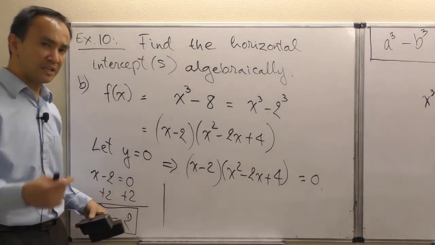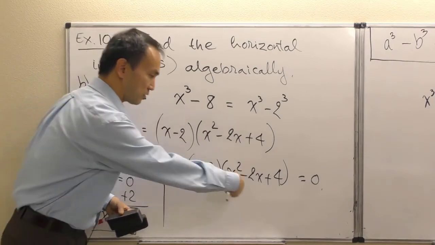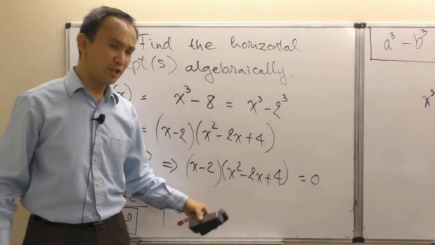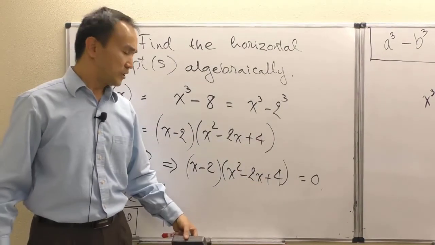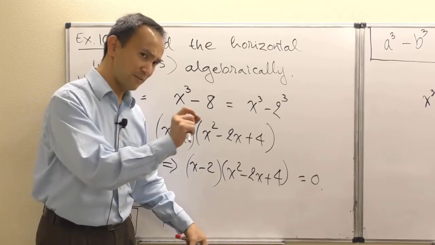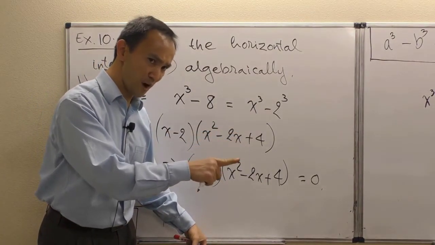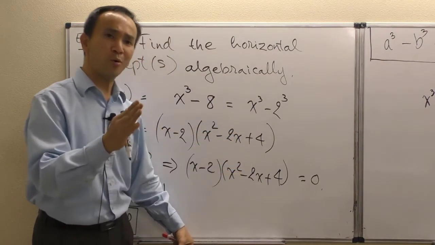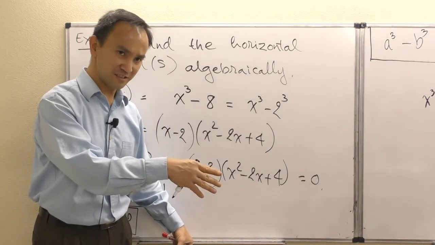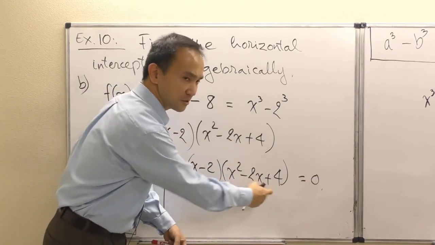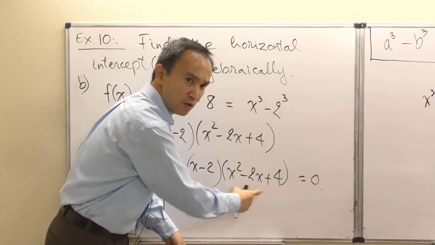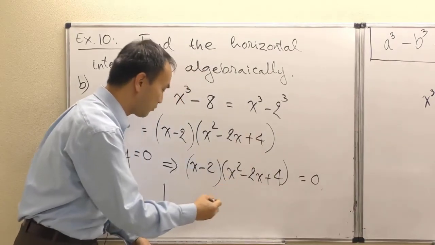Let me clarify a little further. x squared minus 2x plus 4 can no longer be factored into the linear product, and what would be the consequence of that? I have explained earlier in one of the problems in example 8 that when a quadratic can no longer be factored into linear factors, that means this particular quadratic itself has no horizontal intercept. That's the reason why we can completely disregard it.